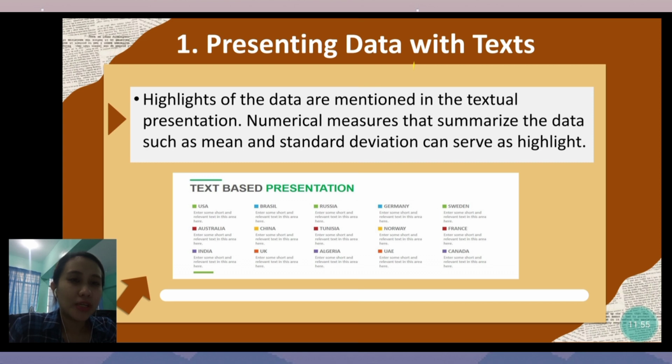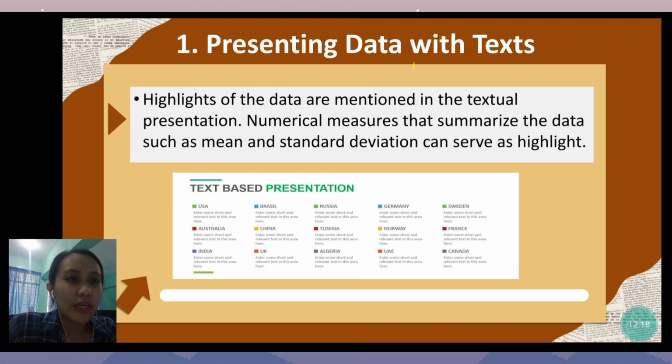So here is an example of presenting data with texts. Highlights of the data are mentioned in the textual presentation. Numerical measures that summarize the data, such as mean and standard deviation, can serve as highlights. So this is an example again of presenting data in textual form.